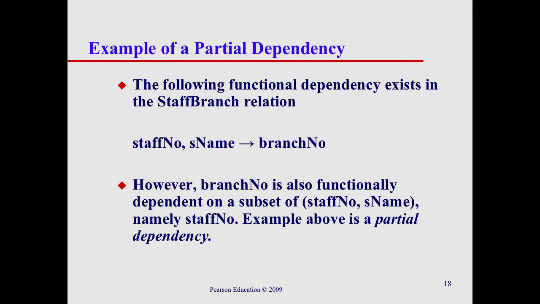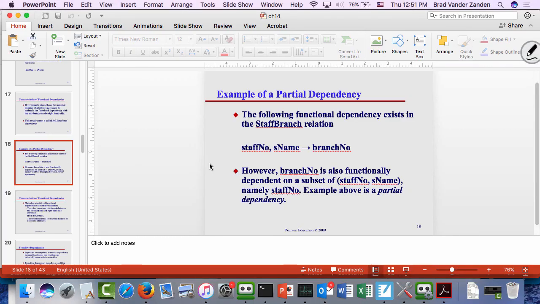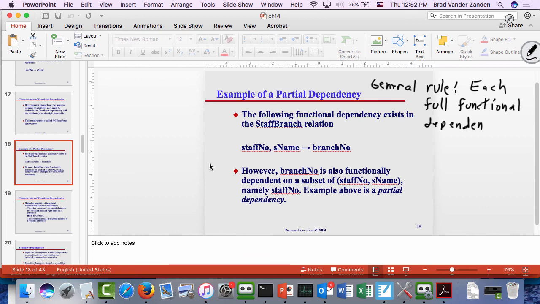It's a generalization, but as a general rule, I'll write that here, a general rule, is that the attributes in each full functional dependency end up in their own relation.